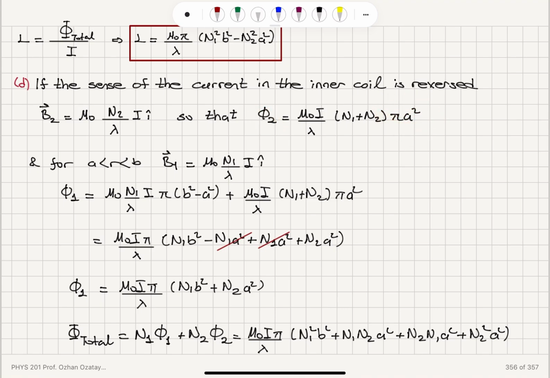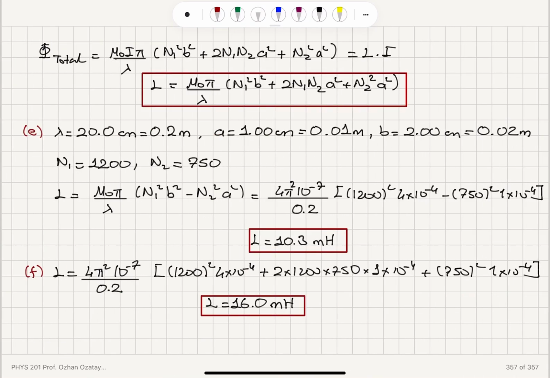I get the flux through each coil, and in between a and b the situation doesn't change, so the total flux becomes n1 phi 1 plus n2 phi 2 because I have n1 turns in the outer solenoid and n2 turns in the inner solenoid, and that gives me the modified inductance.